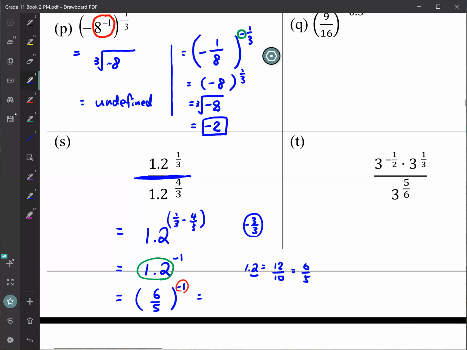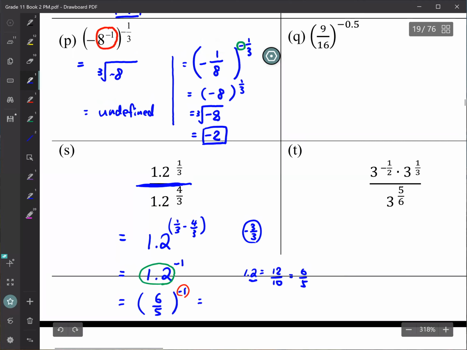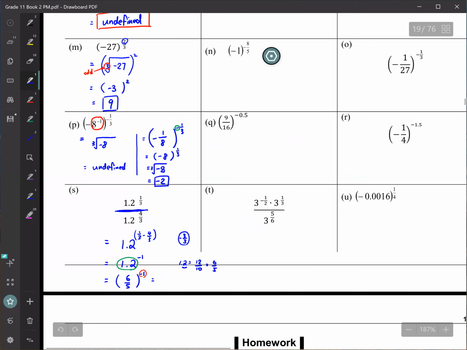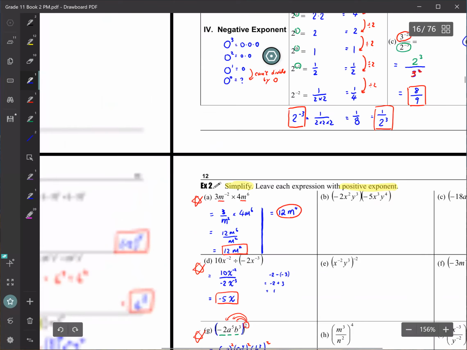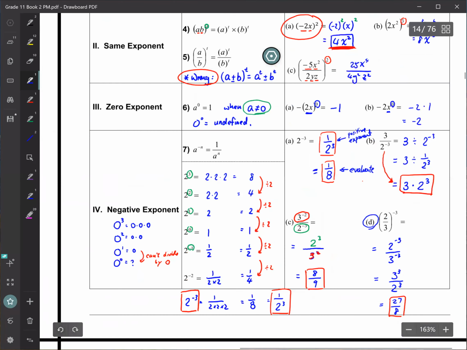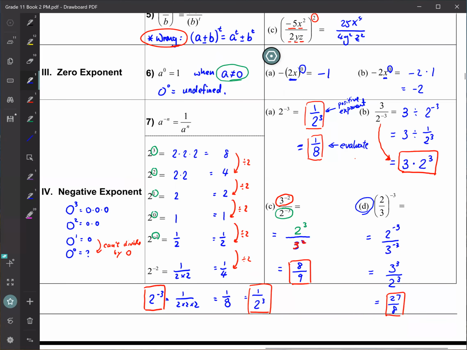What does that mean? Do you remember? I'm actually not quite sure. Negative exponent. Please go back to the notes. Negative exponent, what does it do? Oh, it makes it a fraction. It looks similar to which one of the A, B, C, D here?